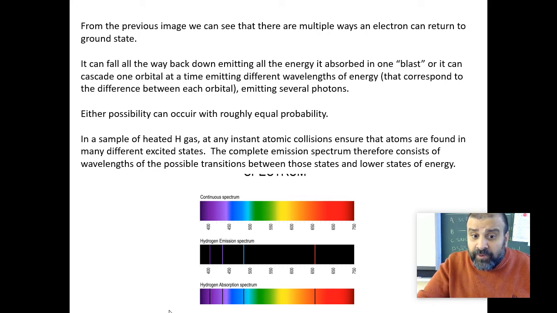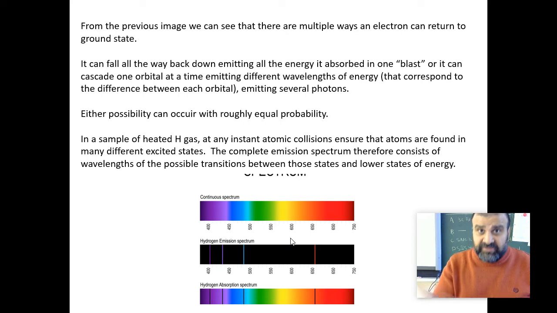A cloud of cool hydrogen gas, on the other hand, if light is coming through it, that radiation is going to excite electrons in that cool cloud, and that cool cloud is going to absorb those energies at the same energies that it would emit.